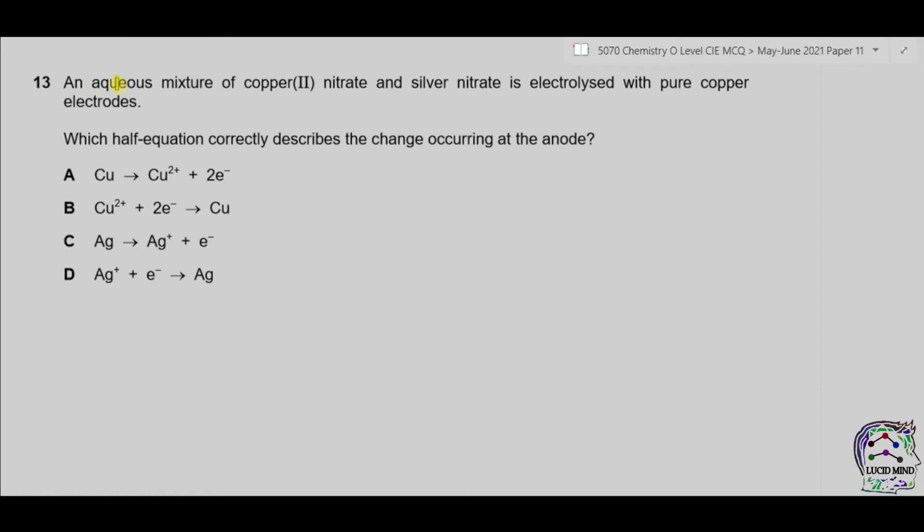Question 13. An aqueous mixture of copper 2 nitrate and silver nitrate is electrolyzed with pure copper electrodes. Which half equation correctly describes the change occurring at the anode? Now you should always remember that anode always dissolves in solution of its own ions.